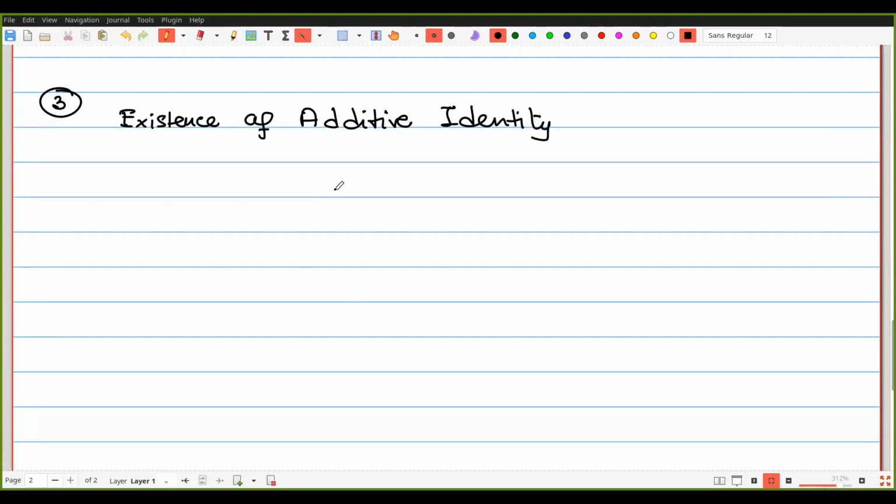And additive means identity may be of different types with different operations. At that moment, we are considering matrix addition. So additive means we are concerned with the matrix addition operation. Whatever identity we get is connected with the null matrix.